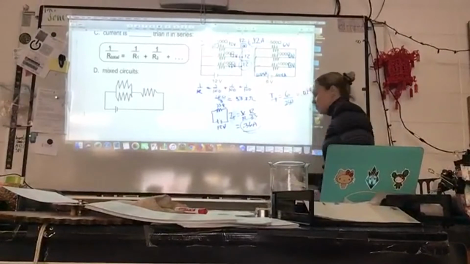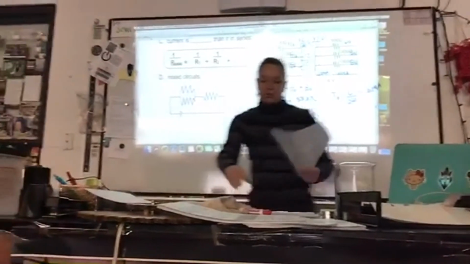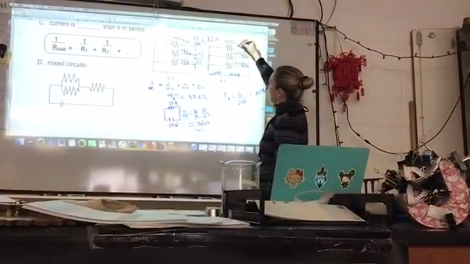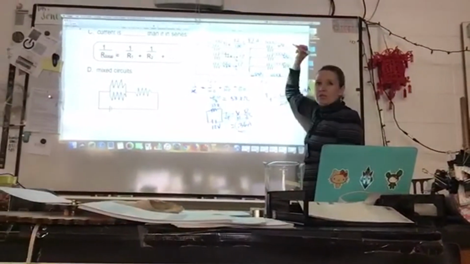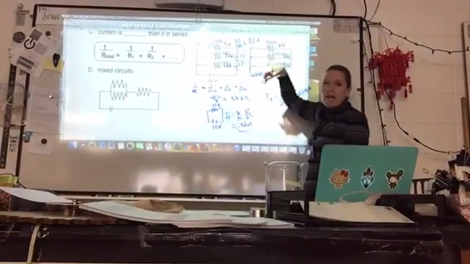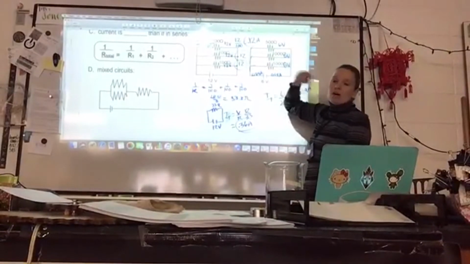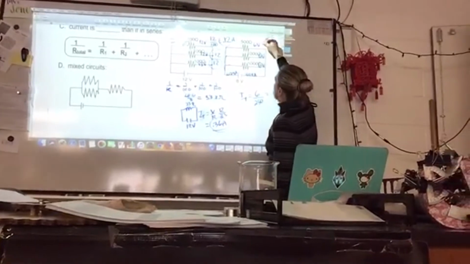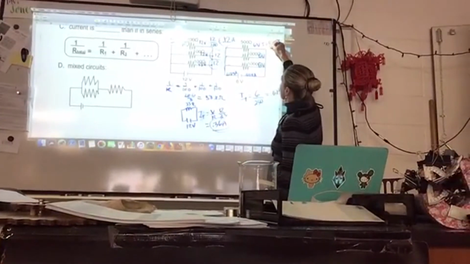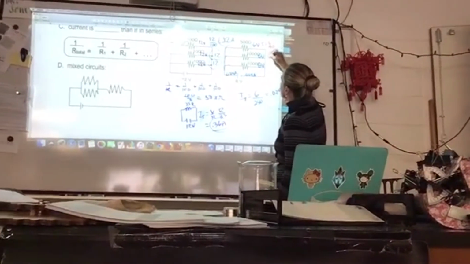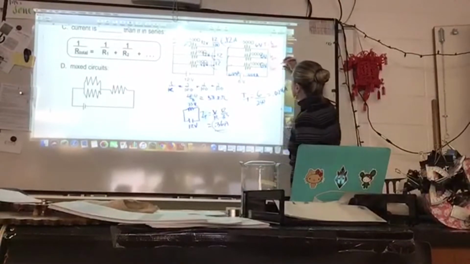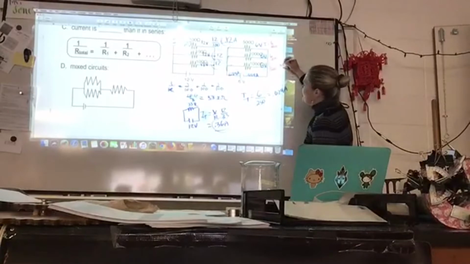So what are the parts? How do I do each one? So I can find individual current. Do you notice I'm doing current of each place last when before I did voltage last for series? Okay? All right, so I equals V, 6 over 500. This one is 6 over 1,000. This one's 6 over 1,000. So what's this one going to be? I'm going to do the easiest one first.